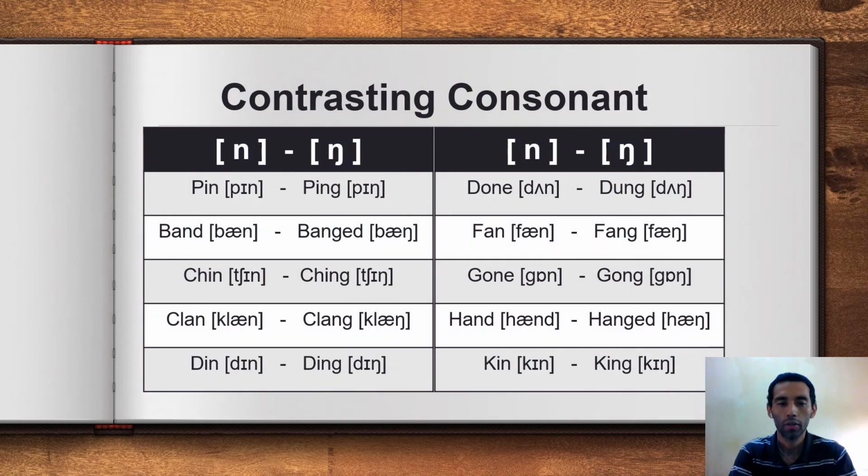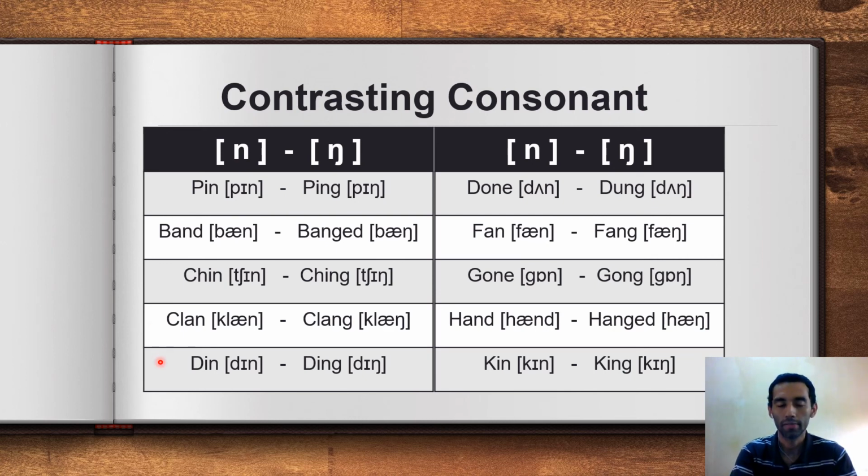Okay, now to conclude this video, we will see the contrasting consonant with the sound N and with the sound eng. And we have ping, ping, band, bang, ching, ching, clang, clang, ding, ding.